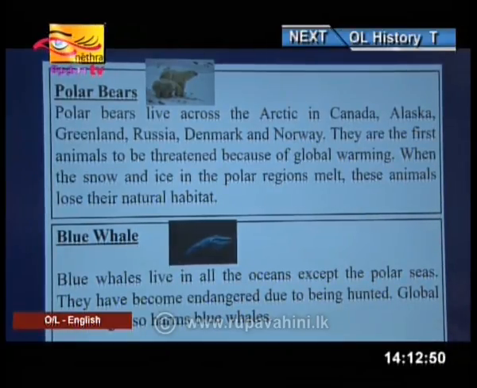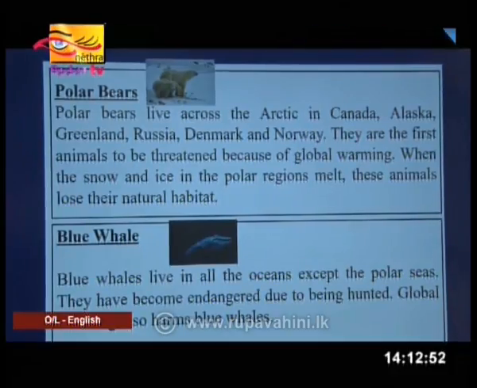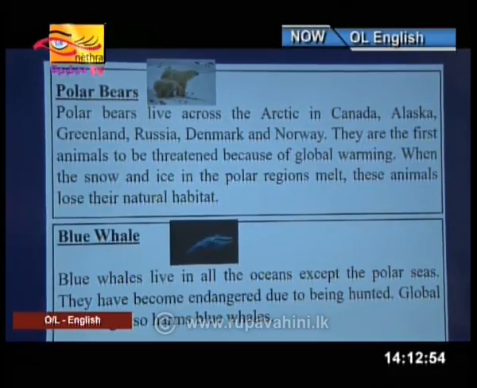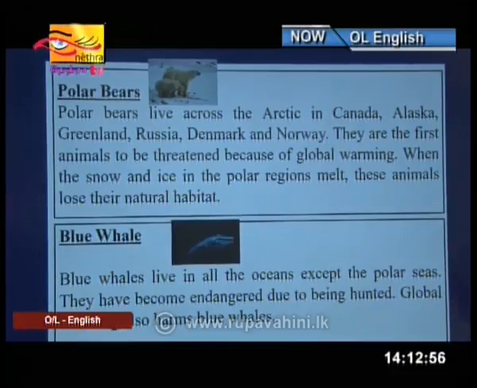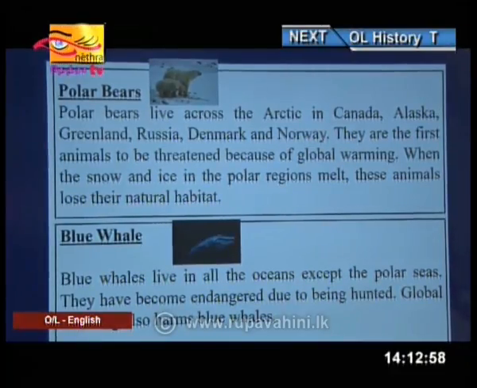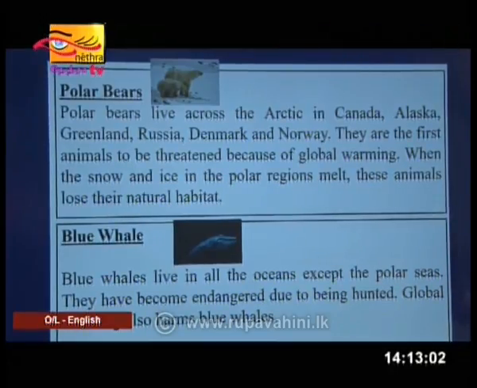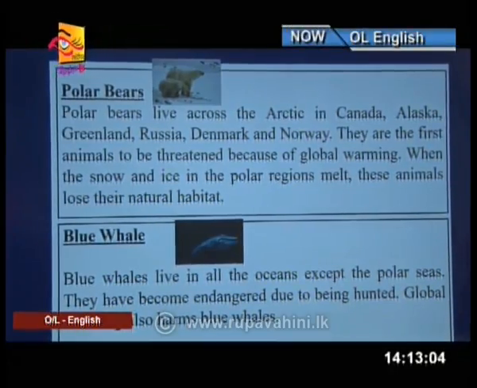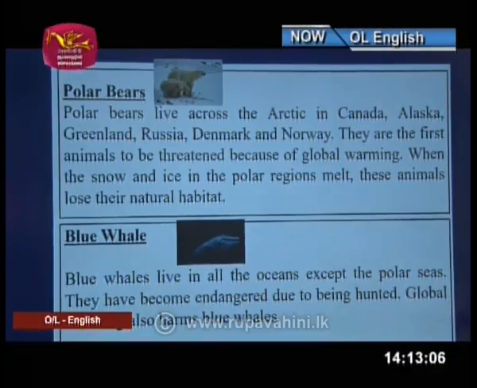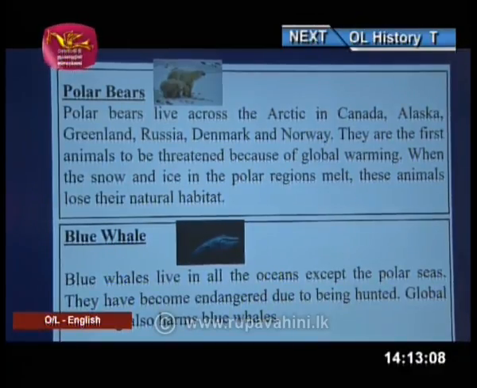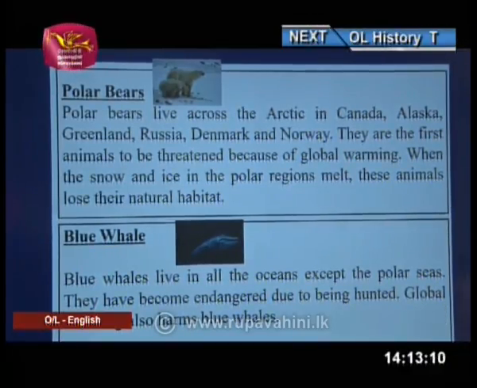Right. And then the threats. Look at the last line. Global warming also harms blue whales. Now there you have the word also. That means you have another threat. Let's read the previous one as well. They have become endangered due to being hunted.